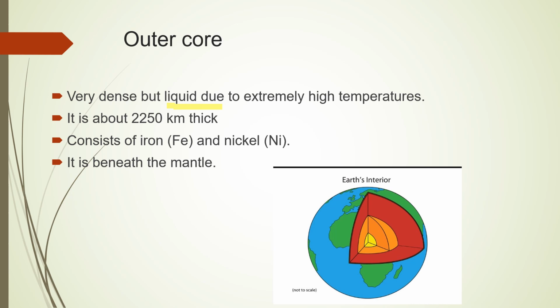If a volcano erupts, it can push these minerals to the surface of the earth. Now this can be used to make money. So this is a good thing about the outer core. It is beneath the mantle, so we know that after the mantle we have the so-called outer core.